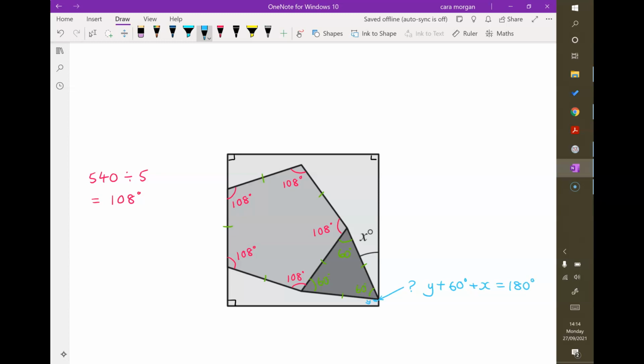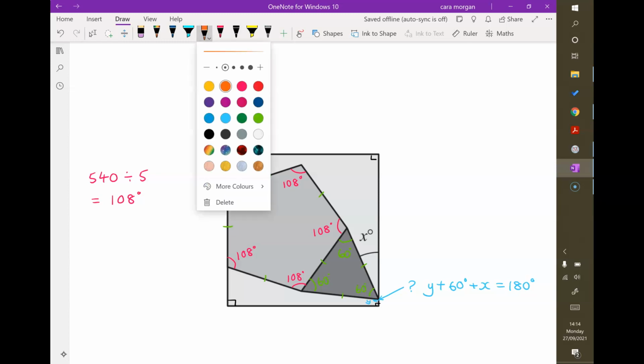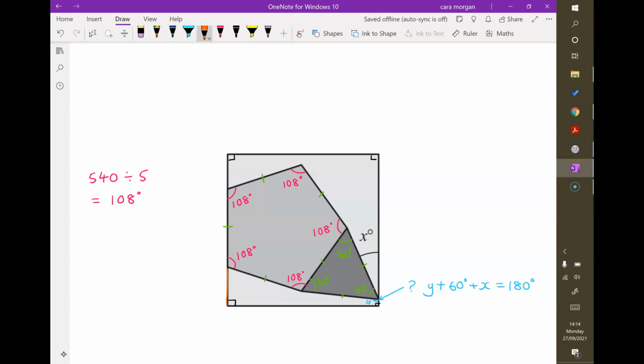So all I've got to do is find out that angle. Now I can see that if I outline this irregular quadrilateral right down at the bottom of the diagram, I know that the interior angles of any quadrilateral always sum to 360 degrees.